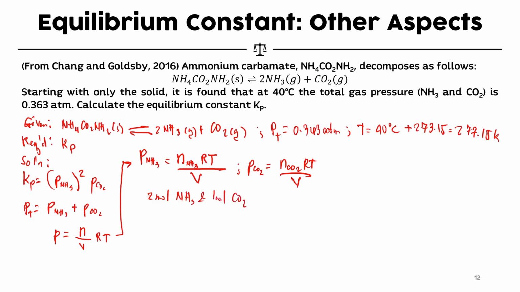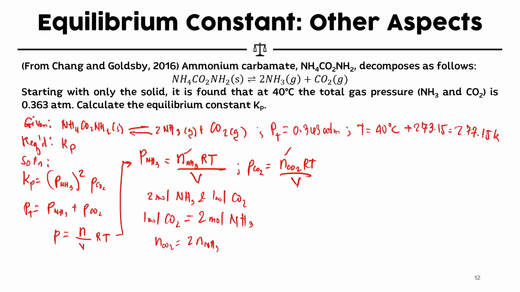So based on the balanced reaction, for every 1 mole of carbon dioxide present, that is equivalent to 2 moles of ammonia that was also produced in the decomposition reaction. So we will use this relationship to establish our relationship between the n NH3 and the n CO2. Therefore, n CO2 is equal to 2 moles of your ammonia.